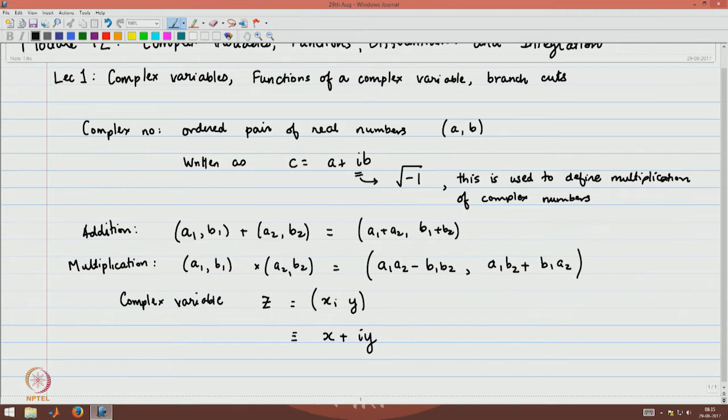Okay, so x and y are real variables. Okay, so now since x and y are real variables, okay, so minus infinity less than x less than infinity, minus infinity less than y less than infinity, okay, this is the range of real variables.